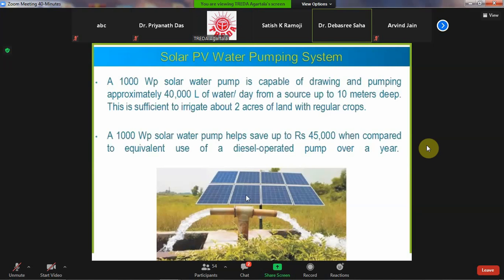By this scheme, the farmer who has land can install this solar pumping system for irrigation purpose. Also, the excess power, when water is not being given, can be exported to the grid line, and they can earn this way.